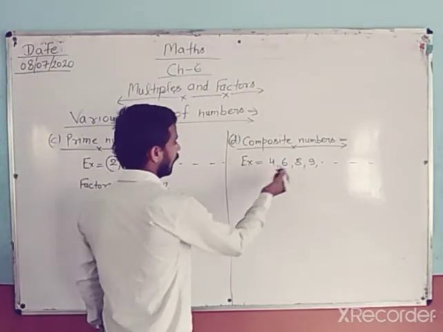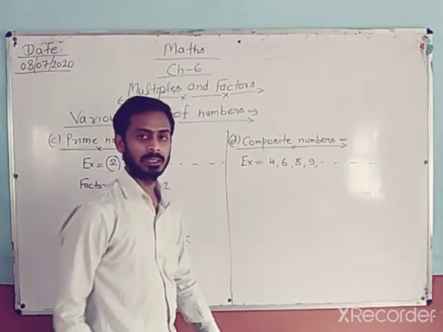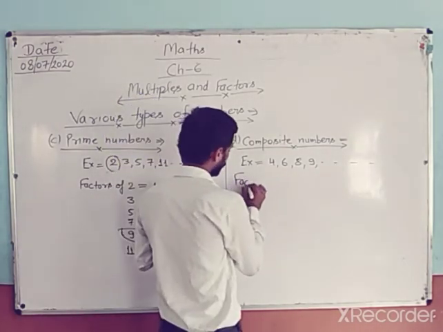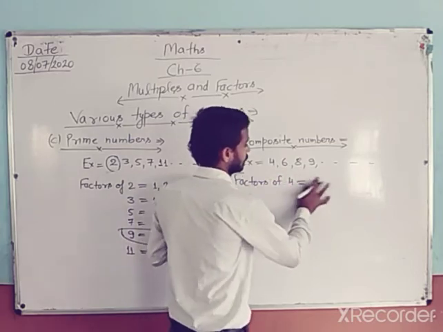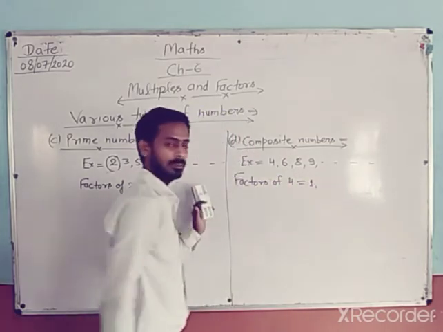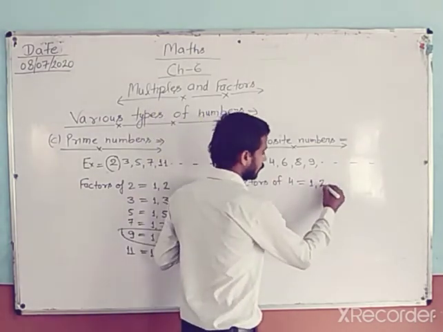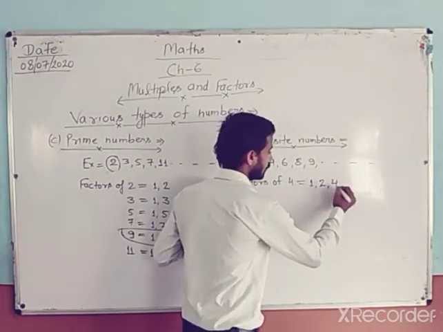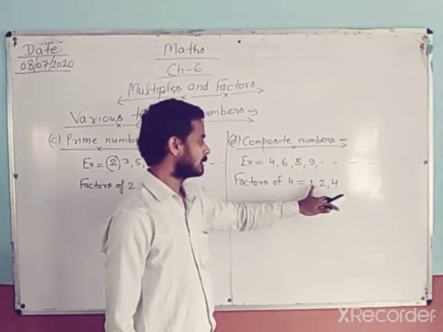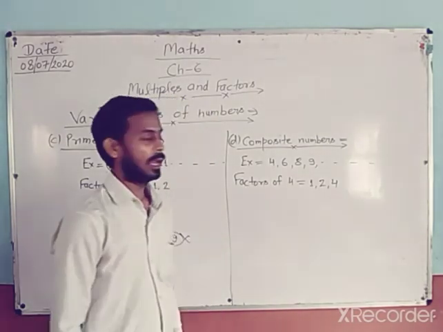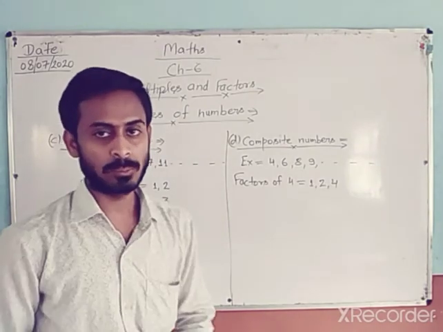Now, how is 4 a composite number? Write down the factors of 4. See, 1 is the factor of all numbers, then 2 twos are 4, and then 4 ones are 4. It has three factors, 1, 2 and 4. That is why 4 is a composite number.